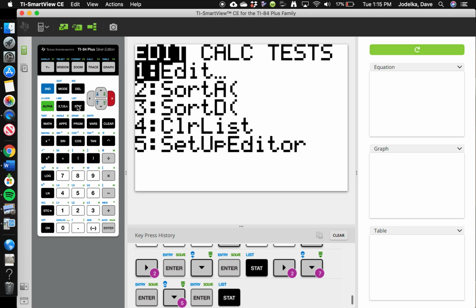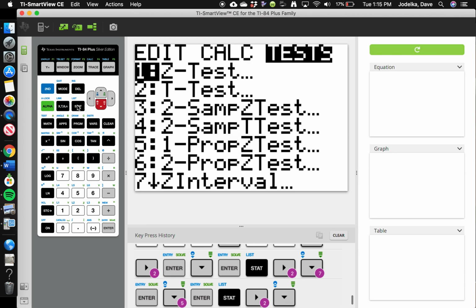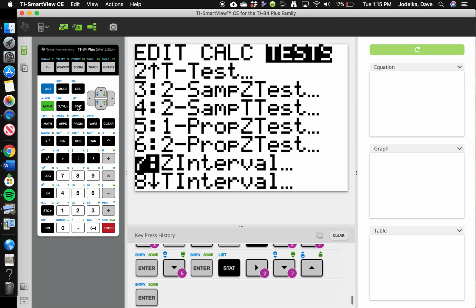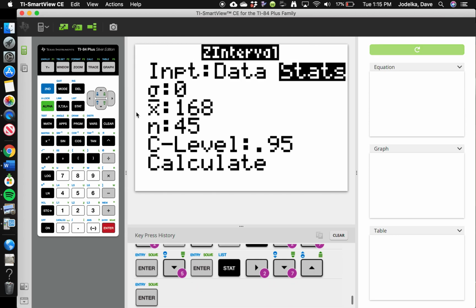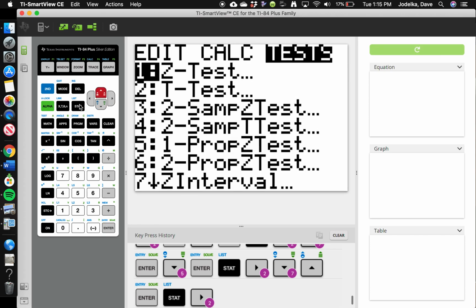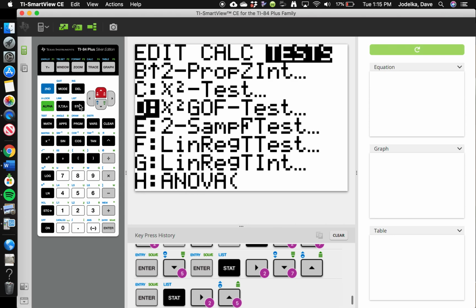Or similarly, if we looked at a z interval, sorry, it's taking a while to get down there. Sorry, trying to find what we originally did.